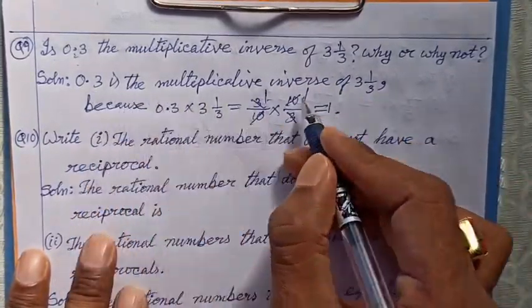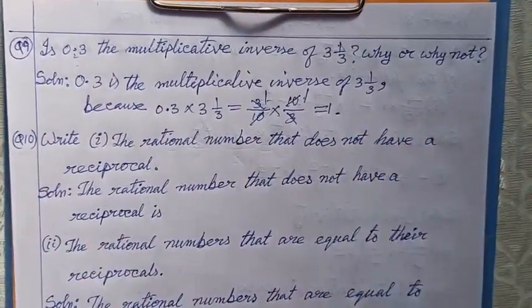So 0.3 is the multiplicative inverse of 3 whole number 1 by 3.